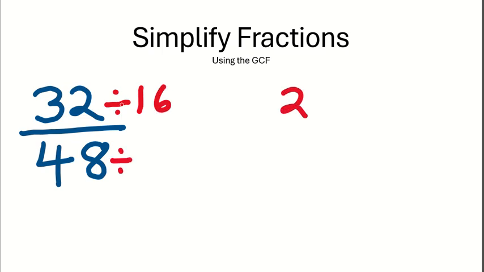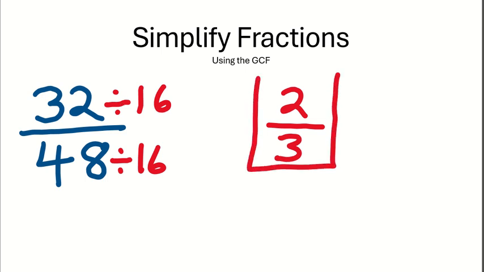And then 48 divided by 16 is 3. So in simplest form, 32/48 can be written as 2/3. Let's keep it going.